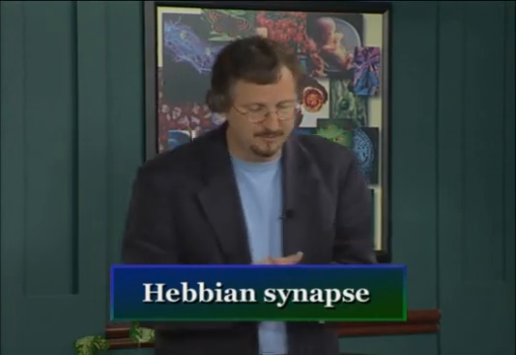Now, the idea here is that some experience, which on a physiological level would be some activity of that synapse, somehow would have a permanent effect on the strength of the synapse. We refer to this model now as a Hebbian synapse, and in fact this idea really has dominated thinking about how the cellular basis of memory can work ever since Hebb first proposed it.